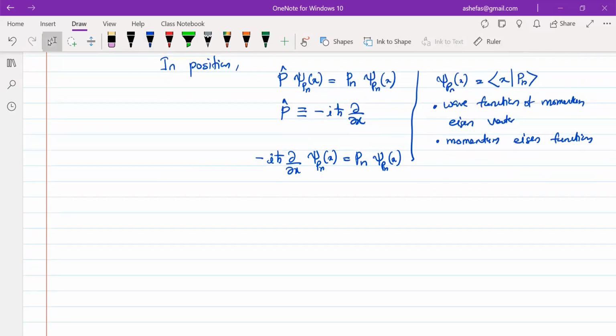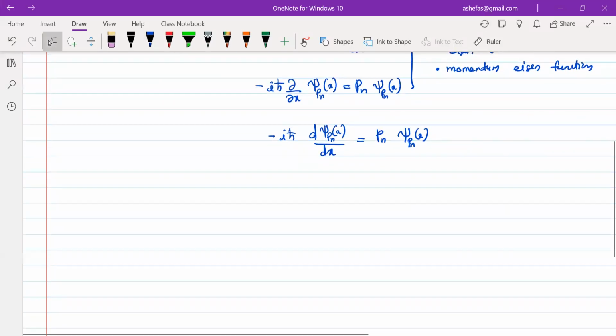Since there is only one variable, there is no need to put the partial derivative. So this can be written as a full derivative as well. So it can be written as d psi Pn of x by dx equal Pn times psi Pn of x.